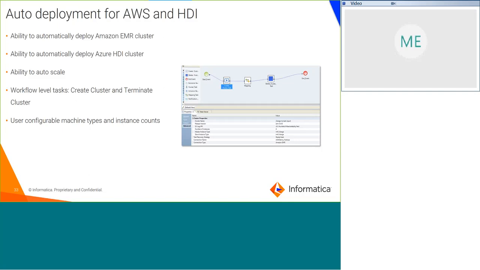This is a brand new feature which we have added in our product release, where within our workflow, you will have an option to create a Hadoop cluster on demand. So you don't have to bring a Hadoop cluster to create any mapping.